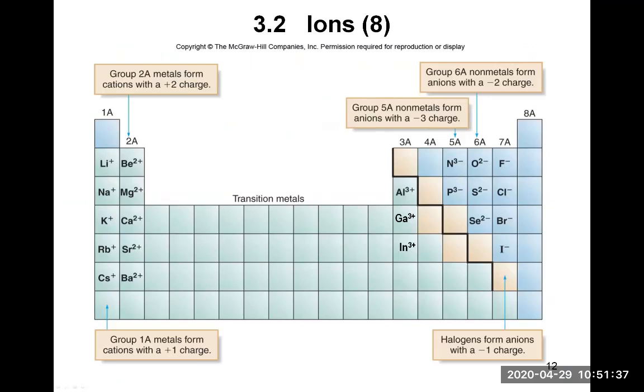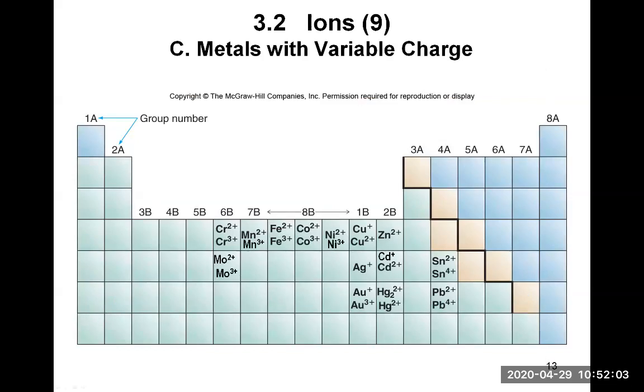And for the metals, it's only group 1A, 2A, and 3A. And the group number is equal to the charge. And it's positive because these are metals. Notice how all the transition metals are not predictable. And also 4A and 5A and 6A are not predictable. And now if we move to the next slide, here, these are the metals with variable charge.